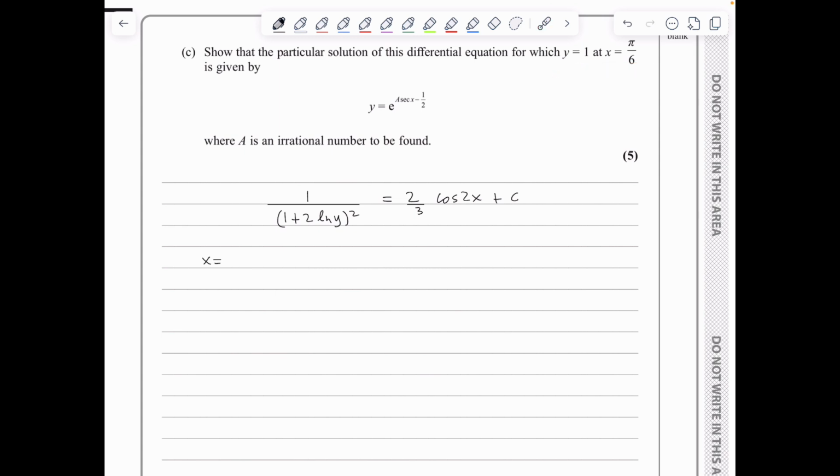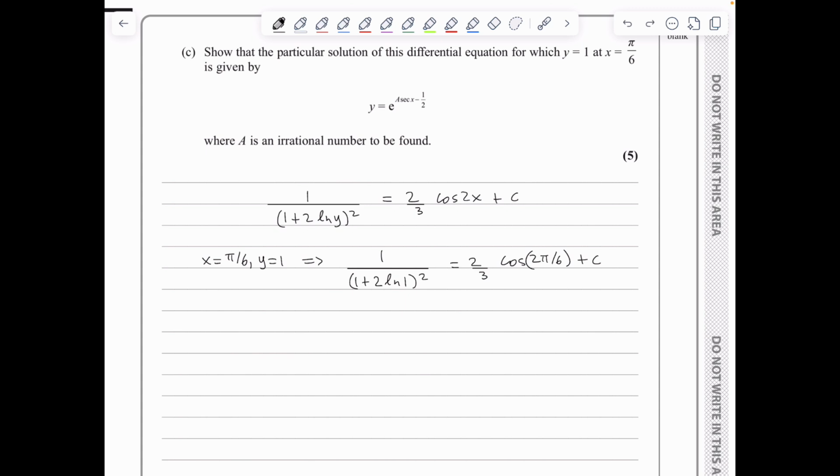So when x is pi over 6, we get that y is equal to 1. Let's substitute. We get 1 over 1 plus 2 ln of 1 raised to the power of 2 is equal to 2 over 3 cos of 2 pi over 6 plus c. Now we are obviously in radian mode.